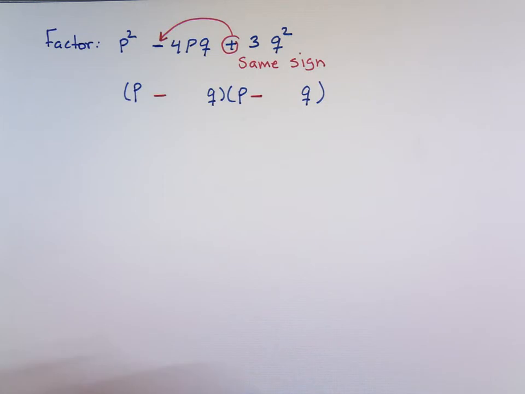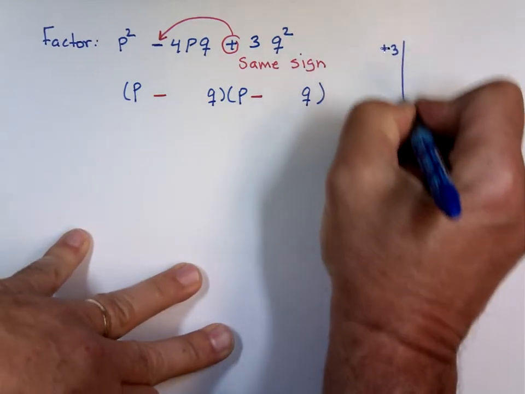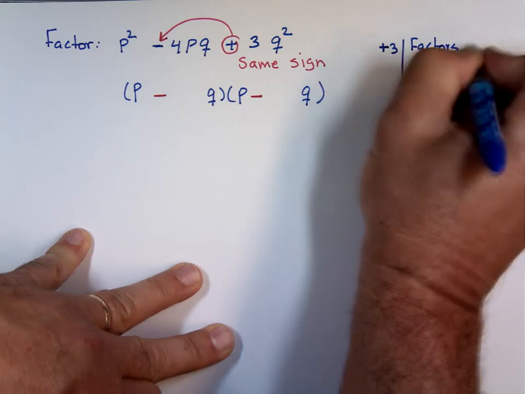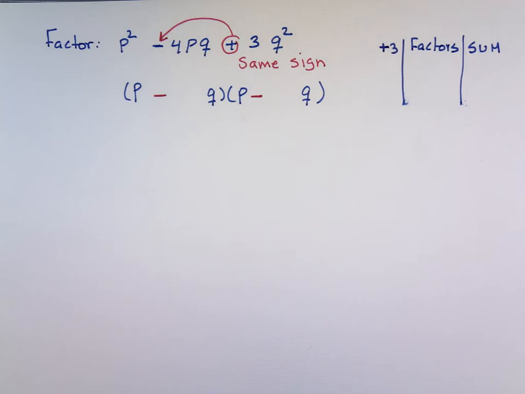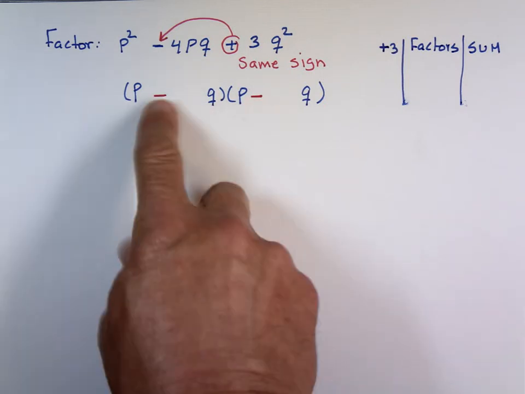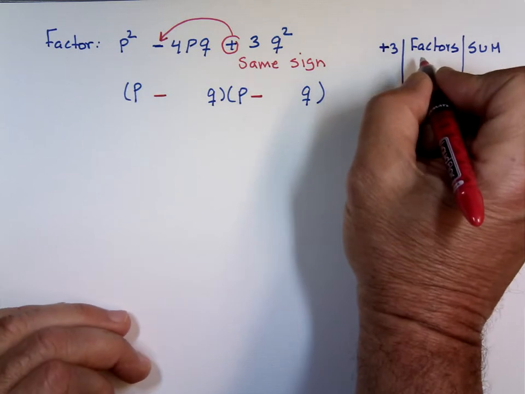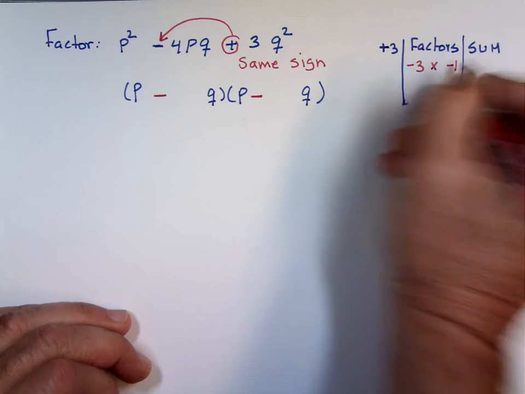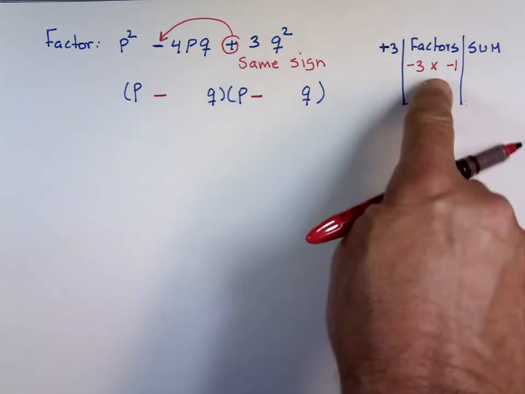So let's take the plus 3. List the factors of it and the sum. Again, I just finished saying both numbers will have to be negative. So plus 3. There's only one option to get a plus 3. That's a negative 3 times a negative 1, or plus 3 times a plus 1. But since we're not using the plus, that leaves us with one option.